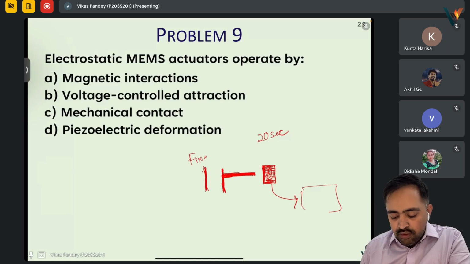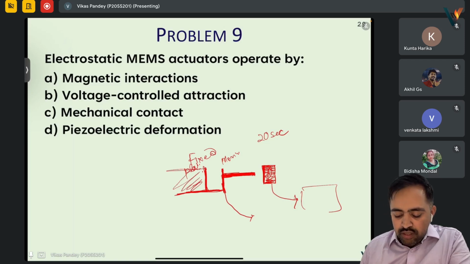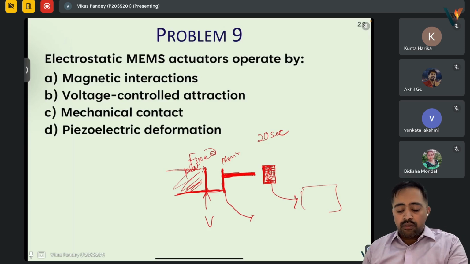So this is the fixed plate, and this is the moving plate, and all the connections are done through here, and this whole structure is fixed like this. We have a voltage V here, and some connections are done.